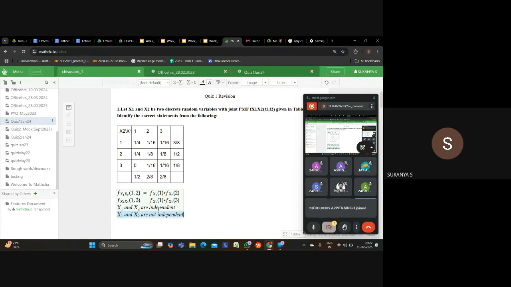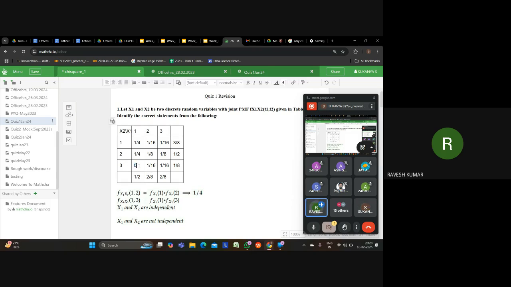Then what do we have next? We want to check f of 1 2 is equal to f of 1 into f of 2. What is f of 1 2 from this table? 1 by 4. Ma'am, will this equation be satisfied for every element of the given random variables? No. If X1 and X2 are not independent, it does not mean that no value will satisfy joint equals product of marginals.